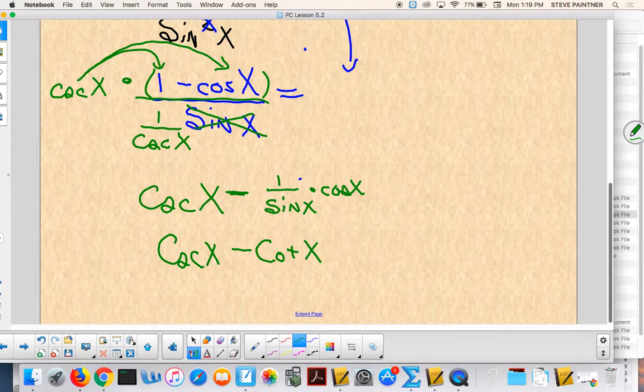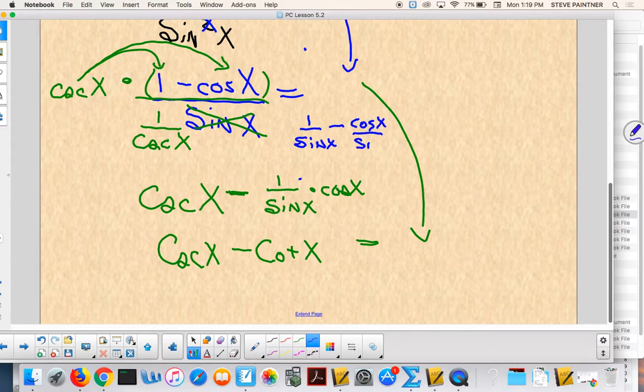Although I gotta tell you something. I know what you did, Alec, but I want everybody to see this. I think you guys could just break this fraction apart. You see how it says 1 minus cosine over sine? 1 over sine of x minus cosine of x over sine of x.